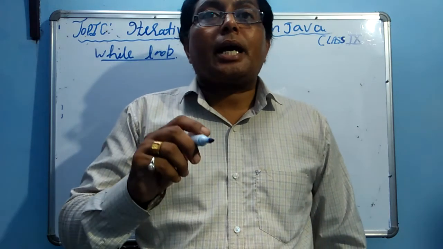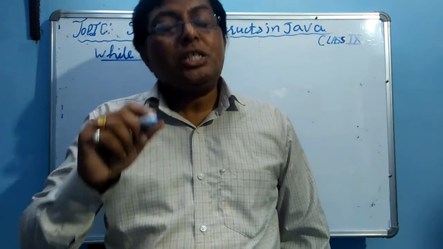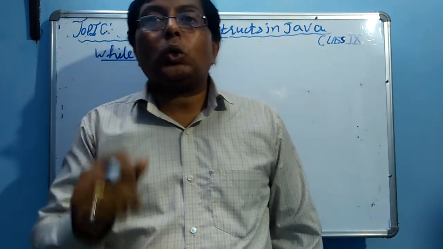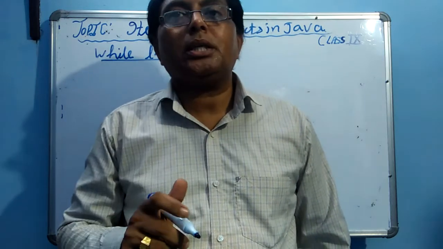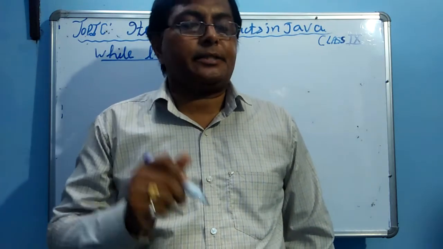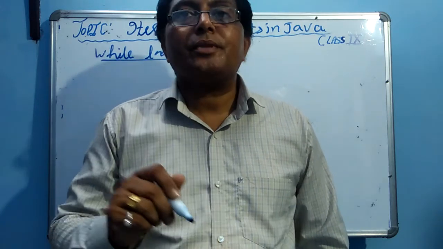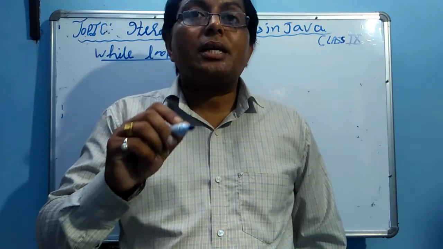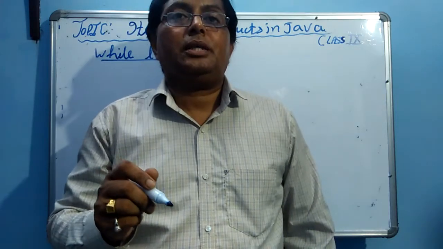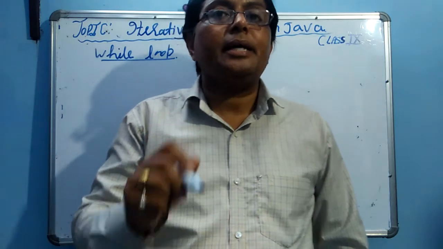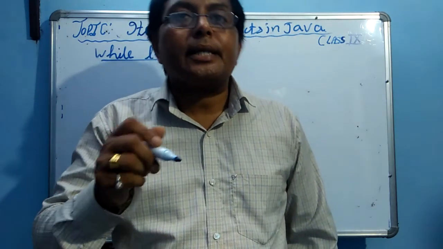If the condition is true, the control enters the loop for execution, otherwise it terminates. This is the reason why a while loop is termed an entry control loop or entry restricted loop.